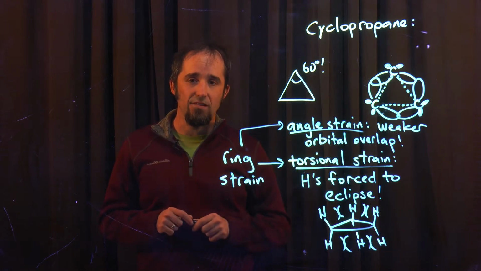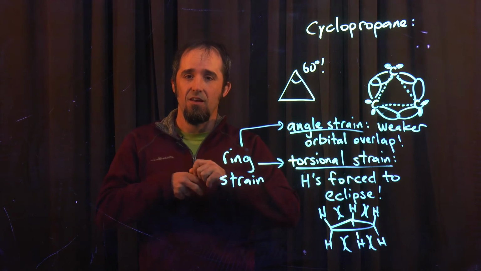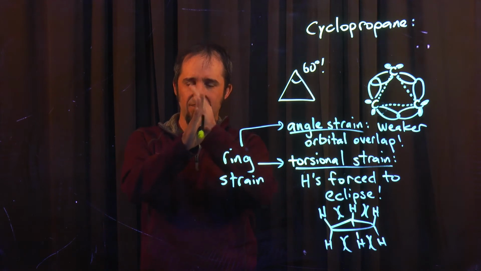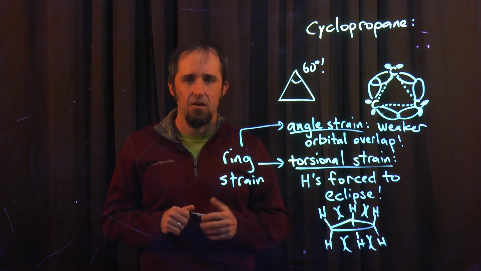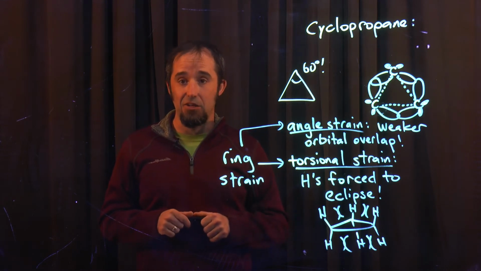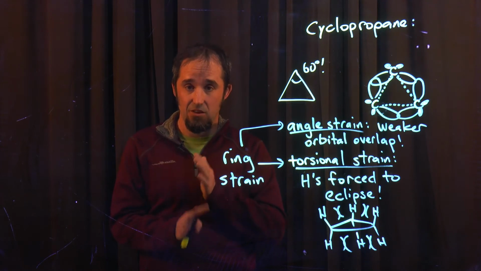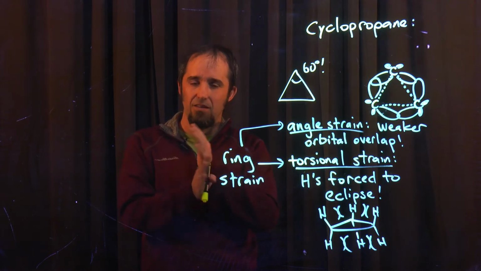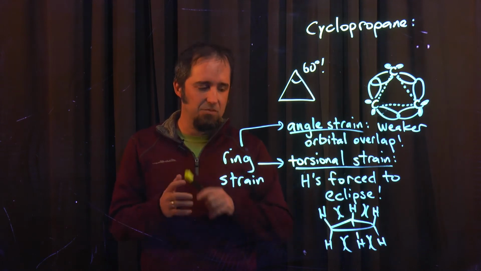The other part of ring strain is torsional strain. So remember, torsion is like the dihedral angle, right? Here we're looking at the dihedral angles between these hydrogens, and we notice that in that triangle, those hydrogens are forced to be eclipsed. They're stuck there. They can wiggle a little bit, but for the most part, they're almost stuck eclipsed like that.